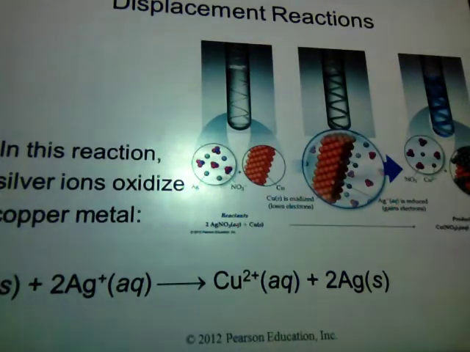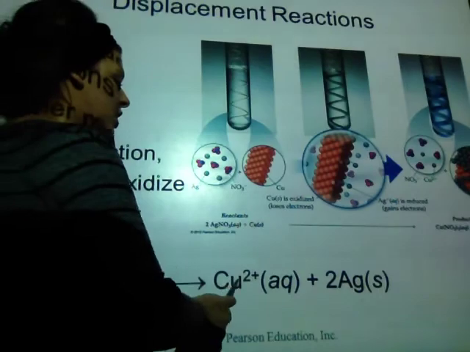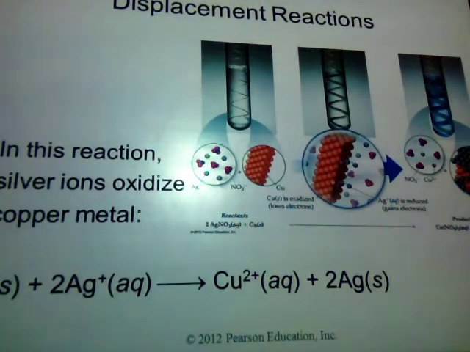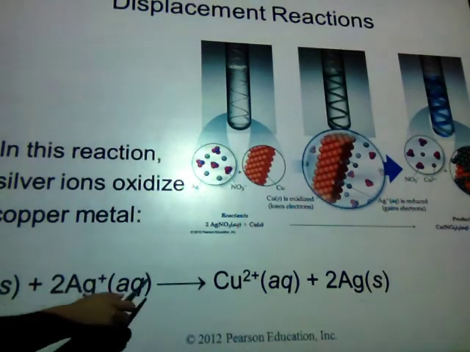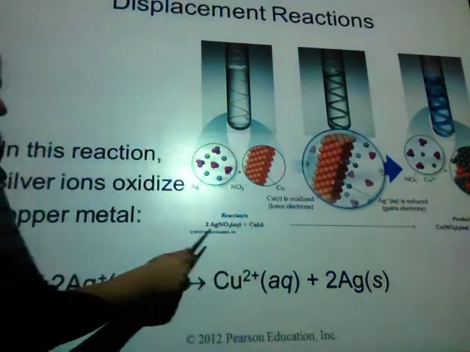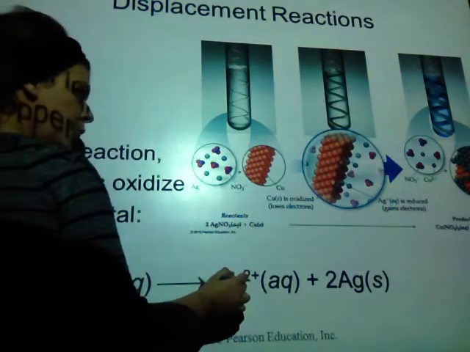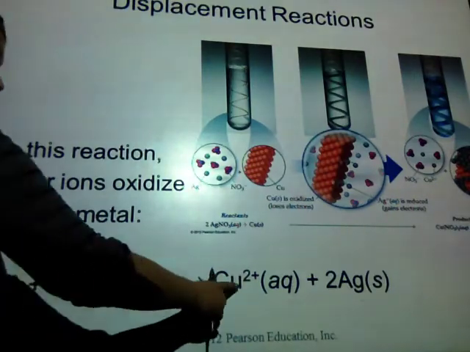Okay, in this reaction, we have silver ions oxidizing copper metal. So I have copper reacting with silver to produce copper 2+ and then silver. In this case, copper was a 0 and then silver had a +1 charge. But on the product side, copper now has a +2 charge. So copper went from 0 to +2, meaning that it lost electrons, it became more positive.